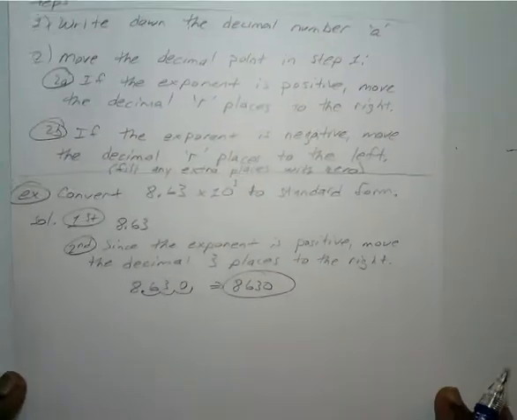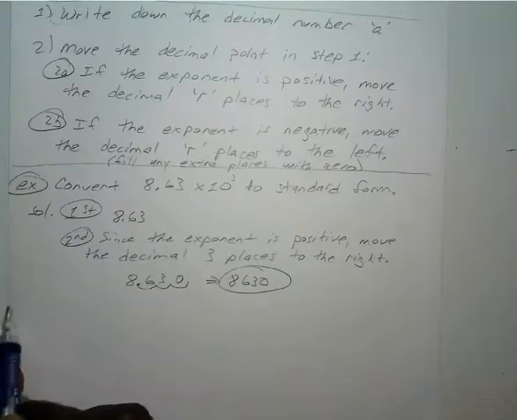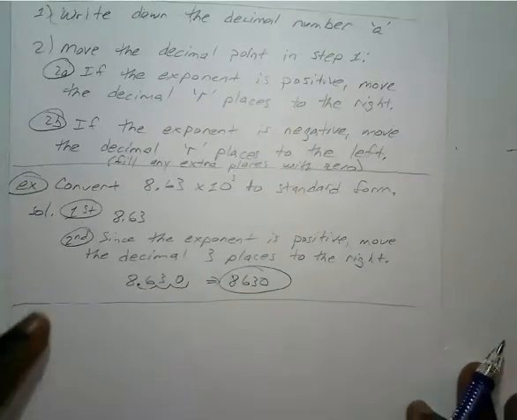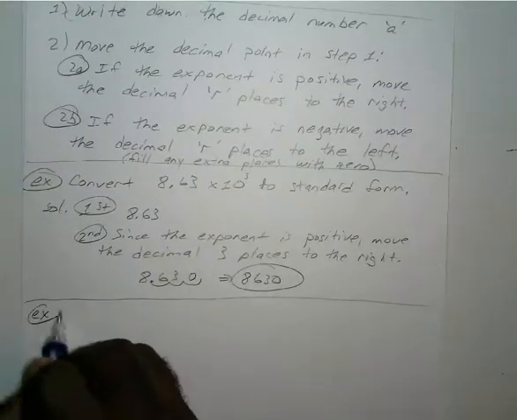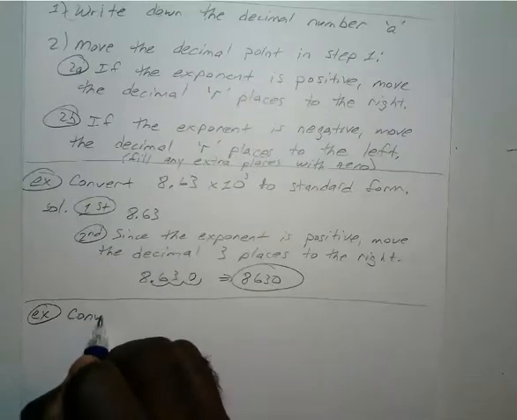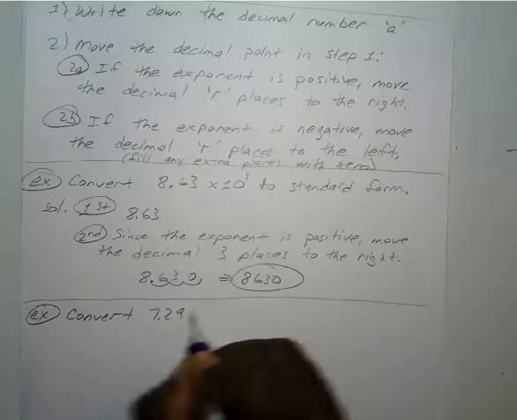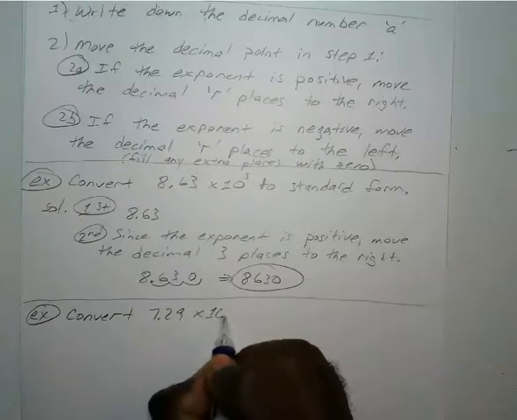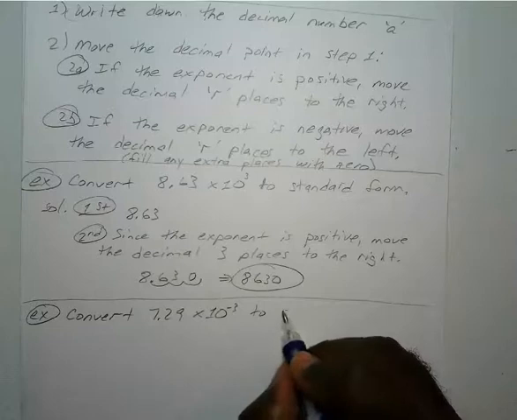Okay, so let's say we do another example. Let's say, for example, we want to convert 7.29 times 10 to the power of negative 3 to standard form.